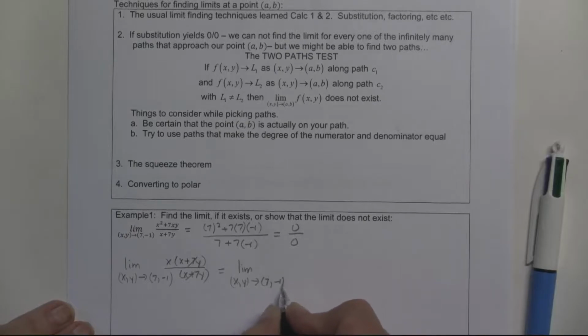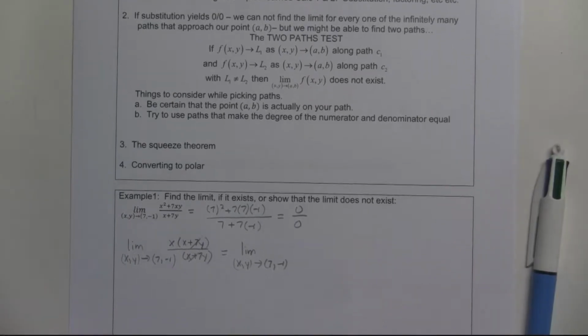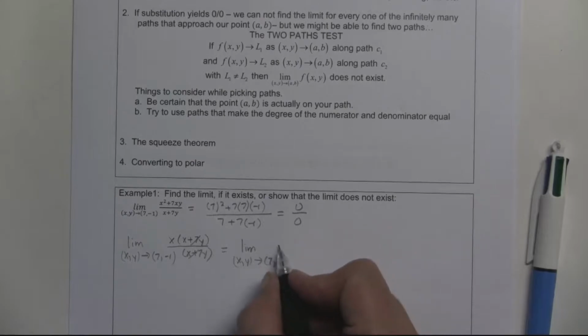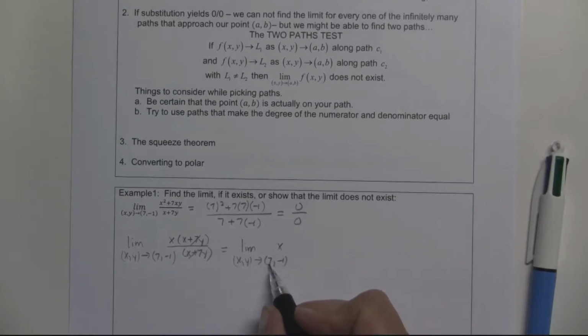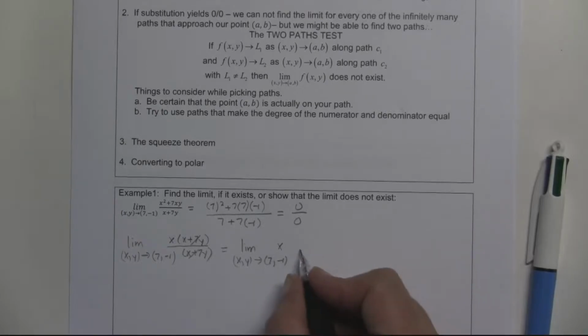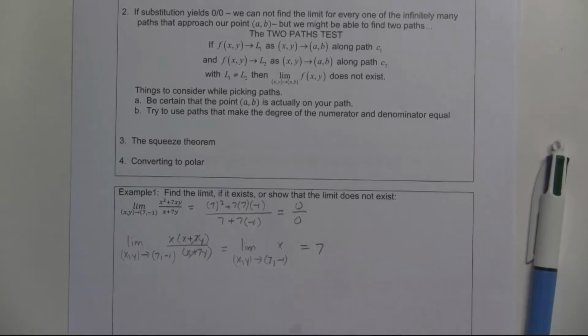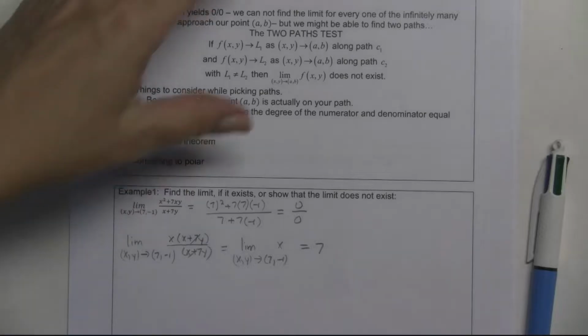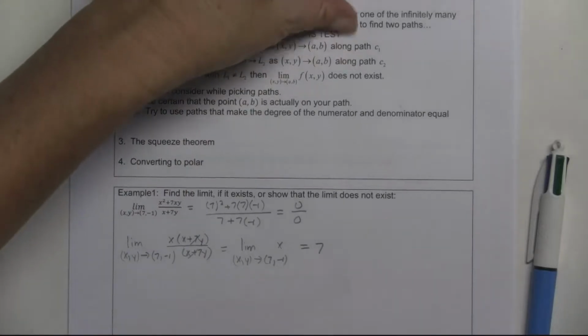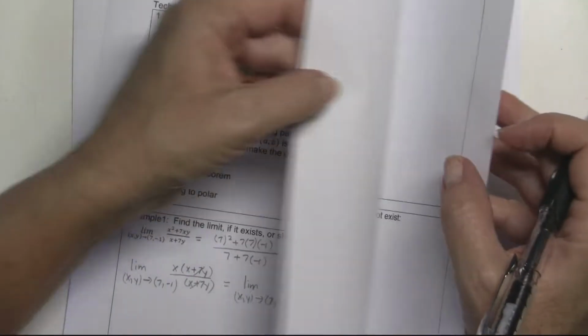All I have is x after I canceled, so this is getting closer and closer to 7. That was just some typical techniques that you knew from Calc 1 even.